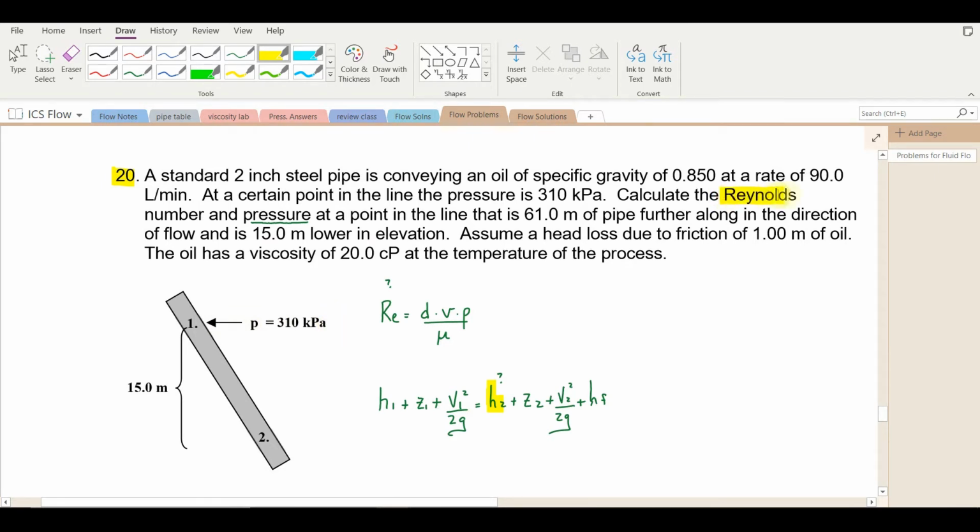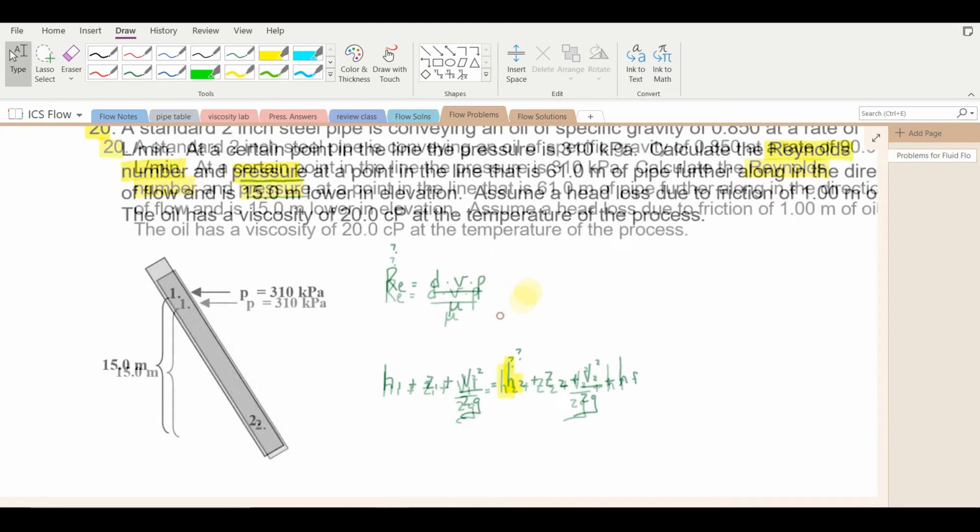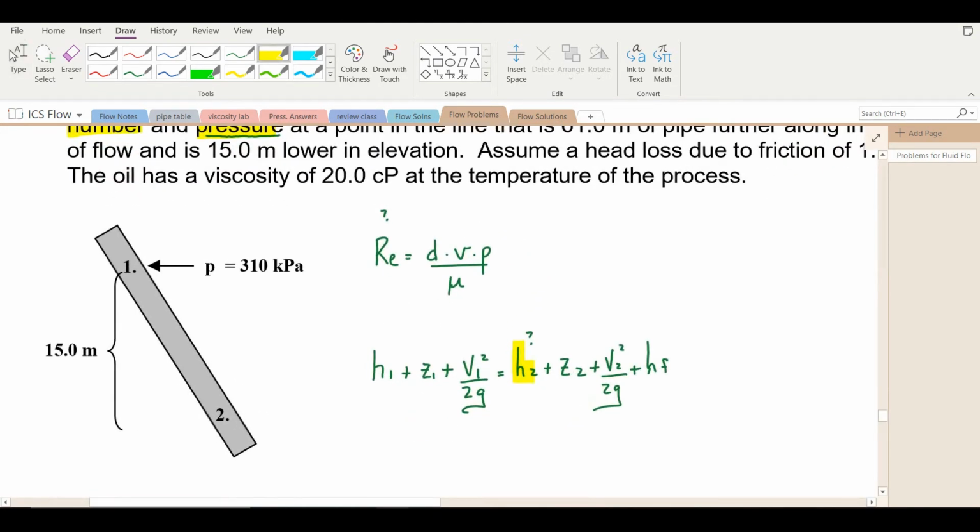Calculate the Reynolds number, and the pressure at a point in the line that is 61 meters further along in the direction of flow and 15 meters lower in elevation. Assume a head loss due to friction of 1 meter of oil, and we're told the oil has a viscosity of 20 centipoise at the temperature of the process. So we're actually asked to calculate two things, Reynolds number and also the pressure at point 2 in the process.